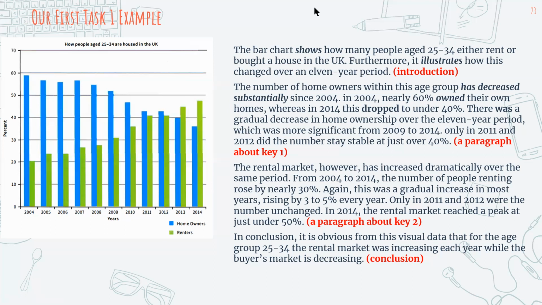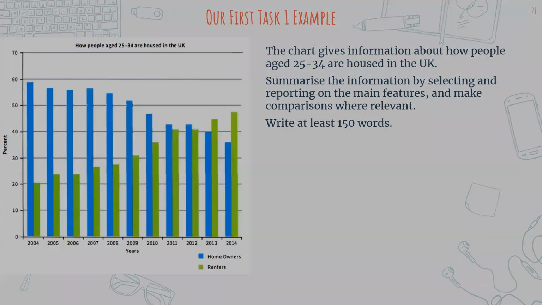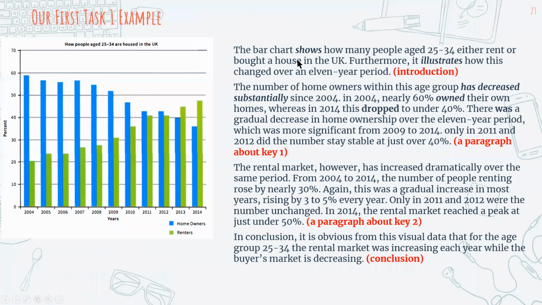So the question says, the chart gives information about how people aged 25 to 34 are housed in the UK. So you could say the bar chart shows how, we said "many" is a mistake, so you can omit it.